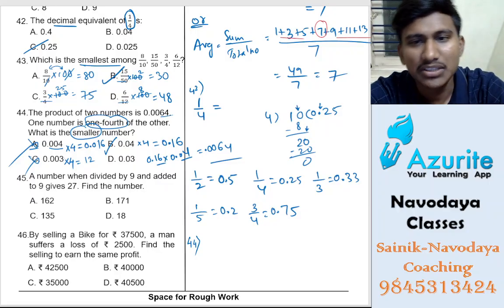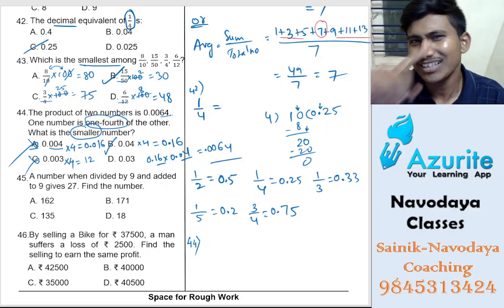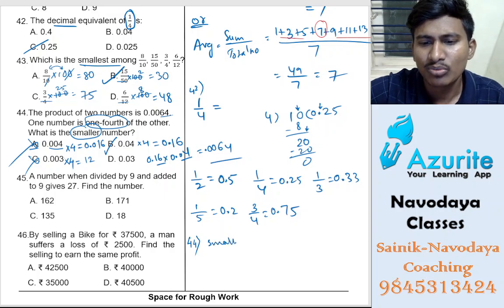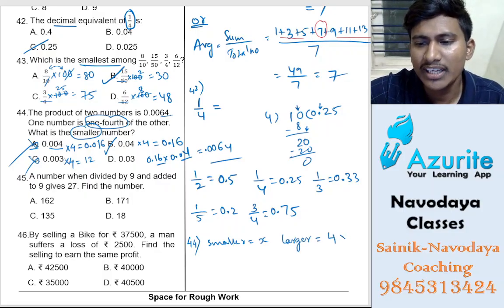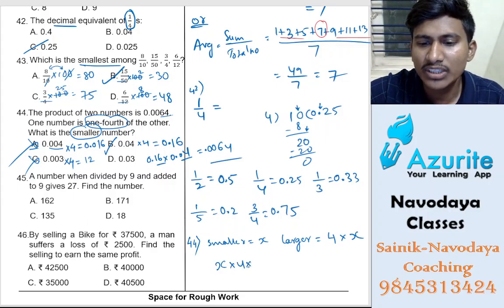So see here, if you want to do it in the long method, you can. If you take the smaller number x, the larger will be 4 times. If you multiply them all, how much you should get? You should get 0.0064.